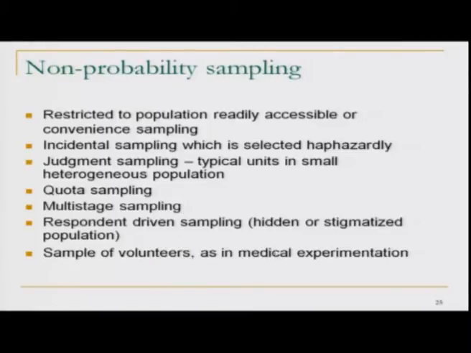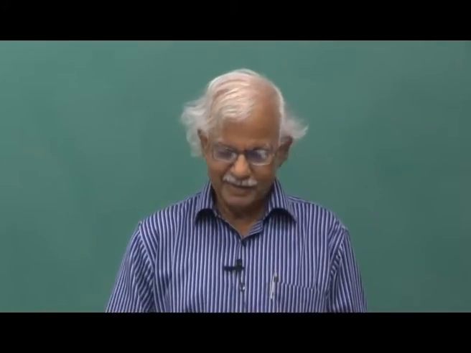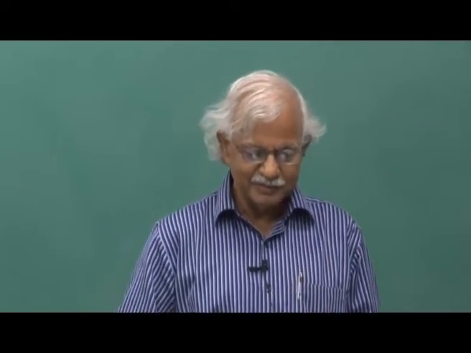This is especially useful in studying hidden or stigmatized populations like transgenders or people living with HIV/AIDS. I get a list of them through NGOs which are working among them, and then after studying a few of them, I would request them to give me names, references of some more people who can give me data on HIV, or volunteers.